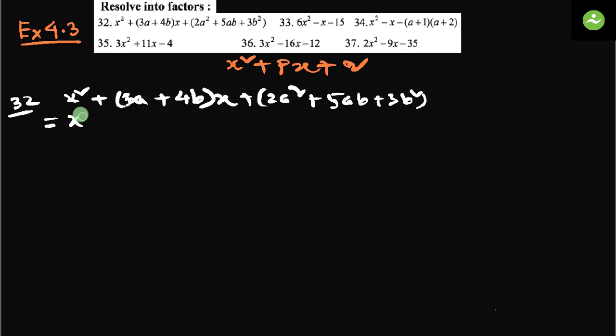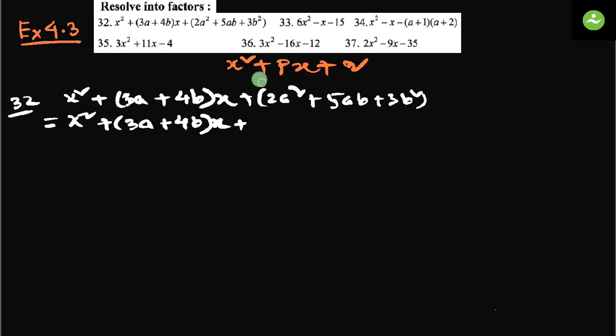Okay, x squared plus (3a plus 4b) into x plus, here the expression doesn't look like x squared plus px plus q form, because there is a coefficient. You see 2 here.